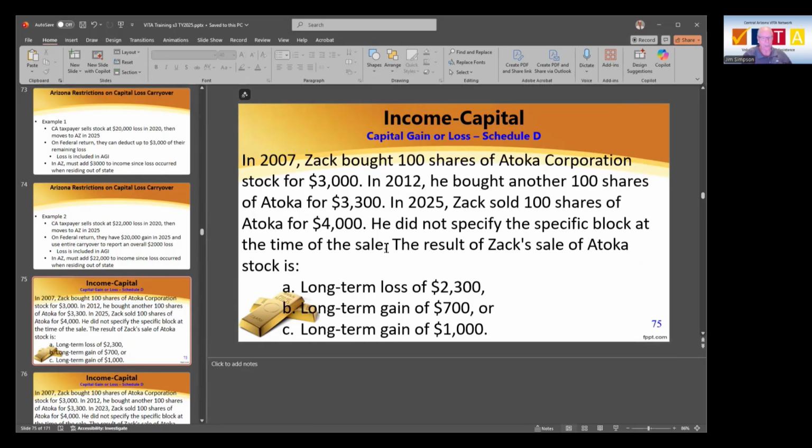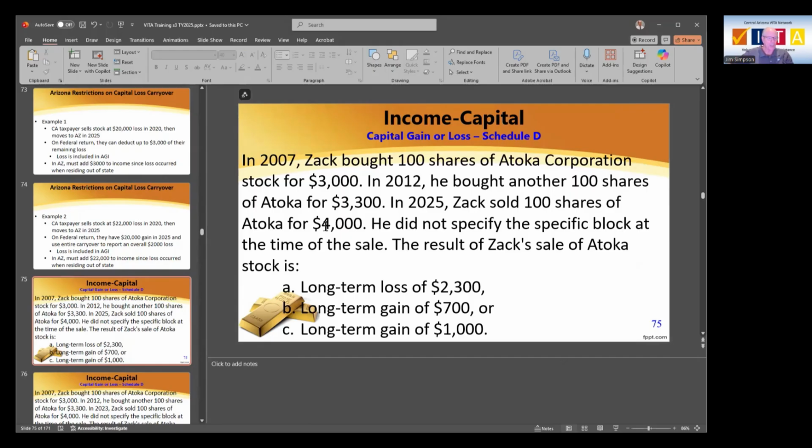So here's another oddity. The IRS allows you to pick whether you sell the first ones or the last ones, or you average it. And you tell your broker whether you want that. If you don't make any decision, they're going to take first in, first out, meaning that he bought the first 100 shares in 2007.